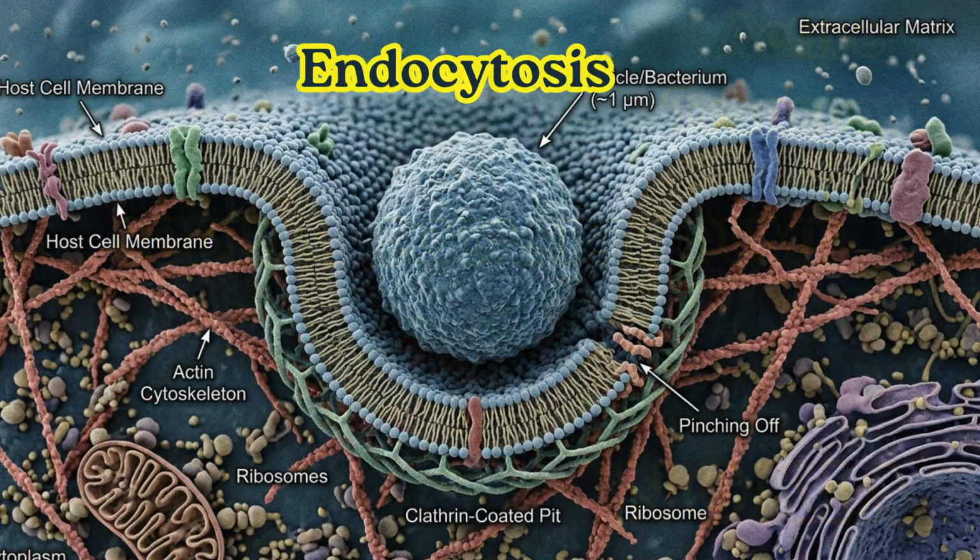Other characteristics of the cell membrane include endocytosis. Endocytosis is when the cell takes material inside, and there are 2 types of endocytosis: phagocytosis, also called cellular eating, and pinocytosis, also called cellular drinking. There is also receptor-mediated endocytosis.